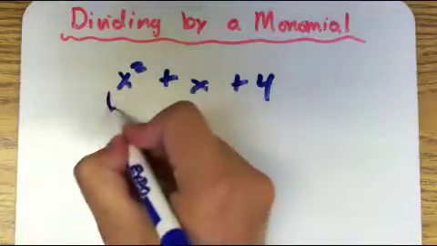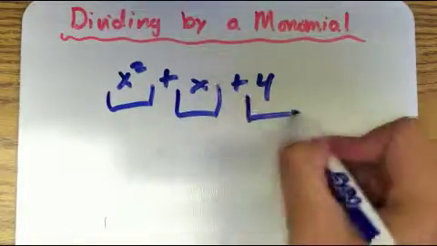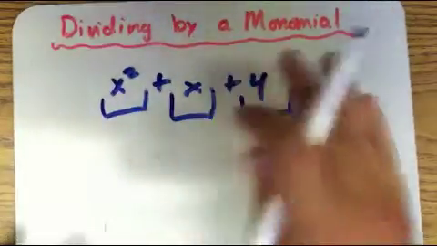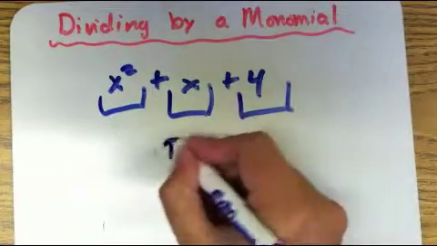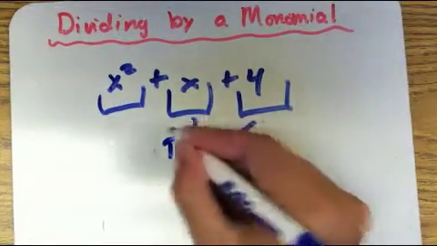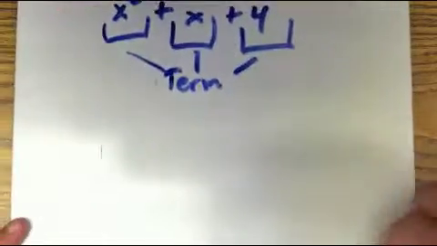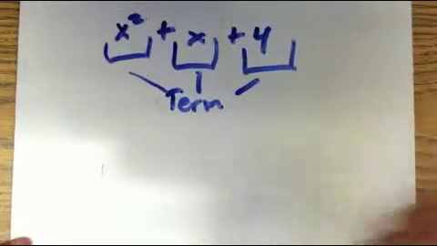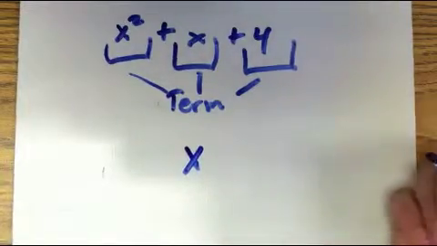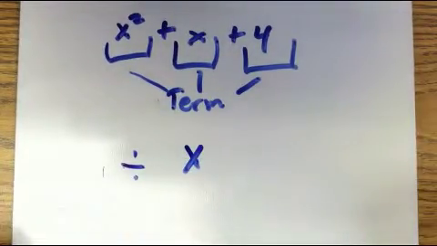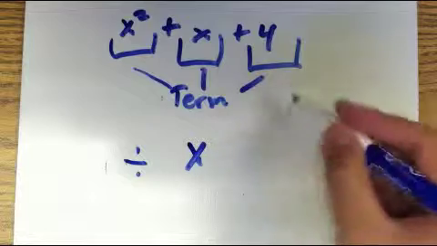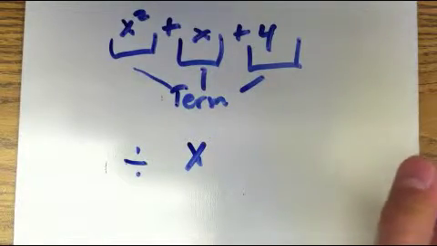There's 3 different terms. Here's a term, and here's a term. That's just the review, just making sure you guys know that. Okay, separated by the adding or subtracting signs. And we will be dividing it by a monomial. So if I wanted to divide by x, this is just a monomial. So trinomial, monomial, okay, so making sure that everybody knows that.